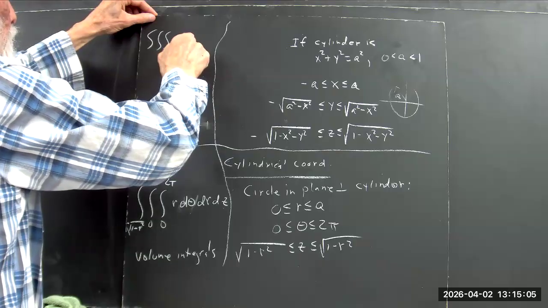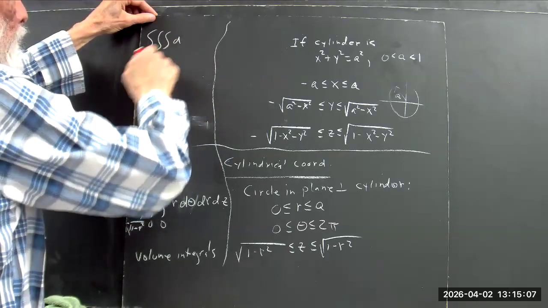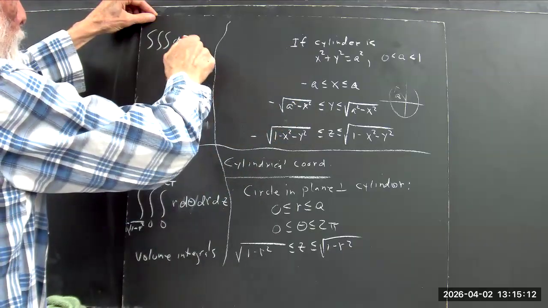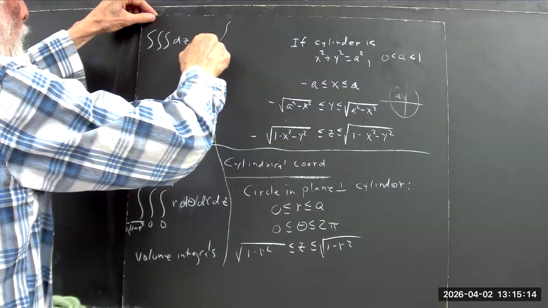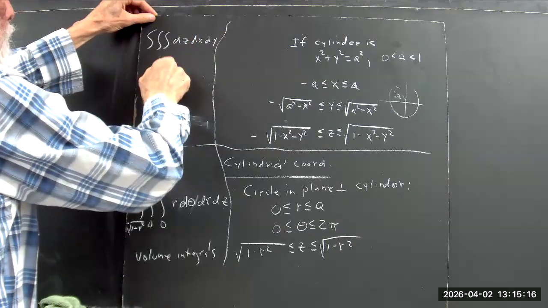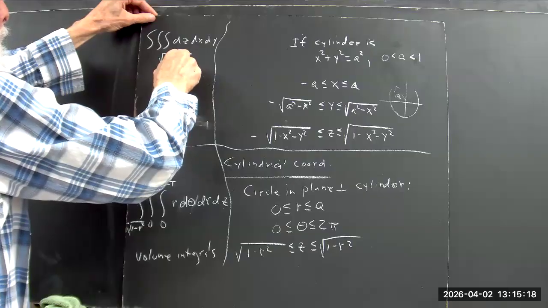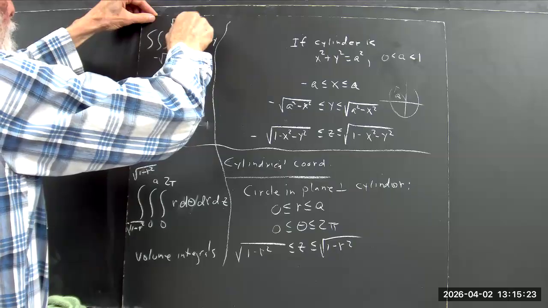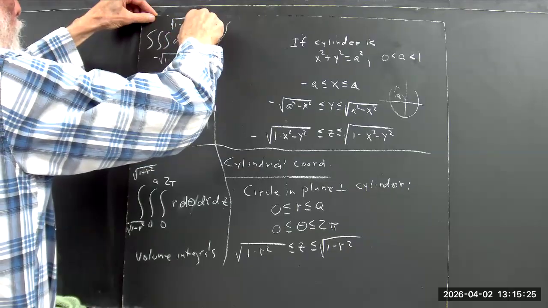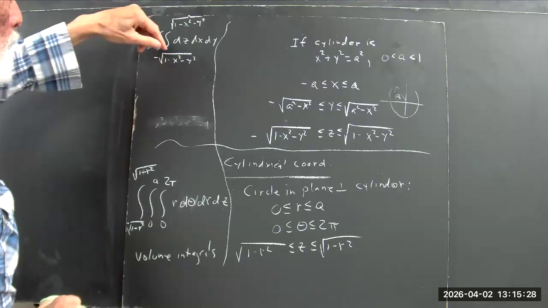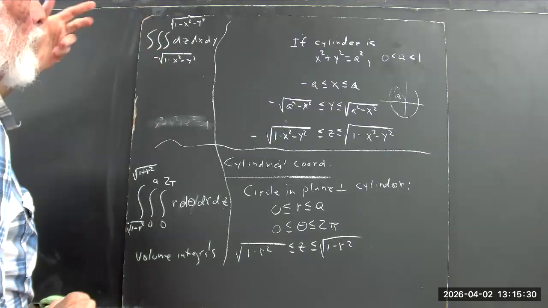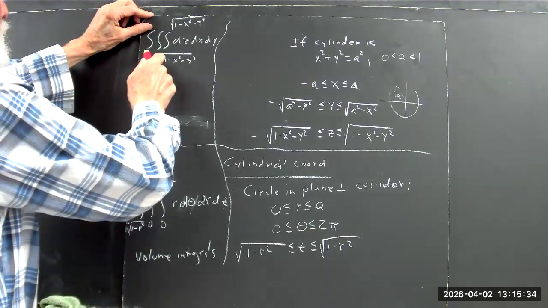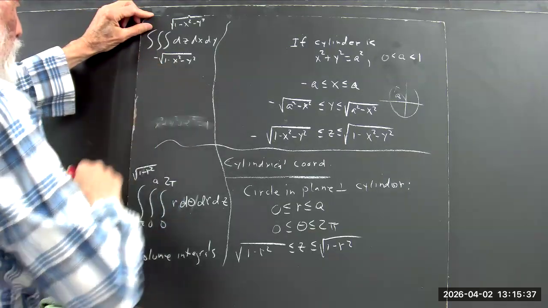But you're just doing, first one's x, second one's y. Now you get a square root of 1 minus x squared minus y squared, square root of 1 minus x squared minus y squared. And then from, it'll be hard to get this in there.